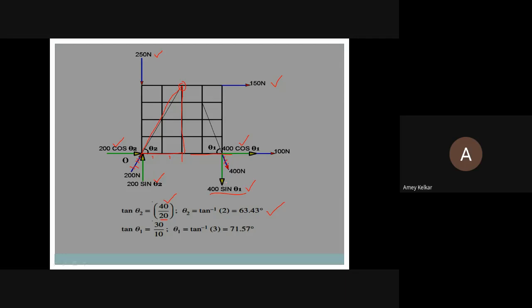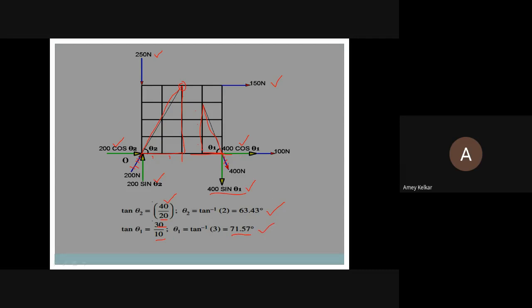Now similarly, when we come to theta 1 here, again we are using this triangle. Tan theta 1 is opposite upon adjacent; opposite is 10, 20, 30, and adjacent is only 10. So theta 1 we get as 71.57 degrees.